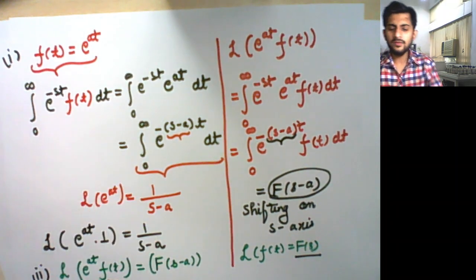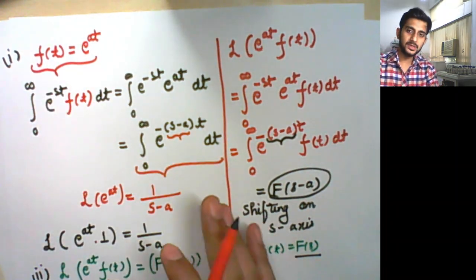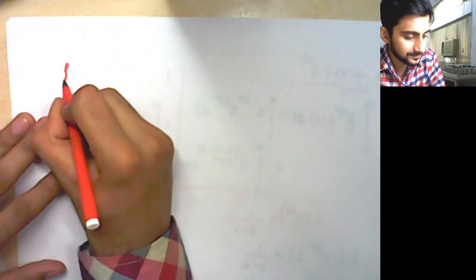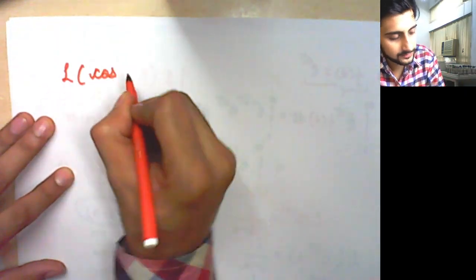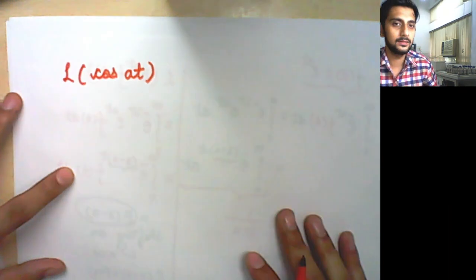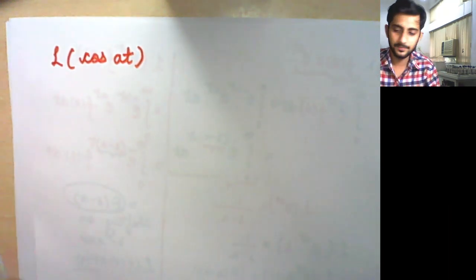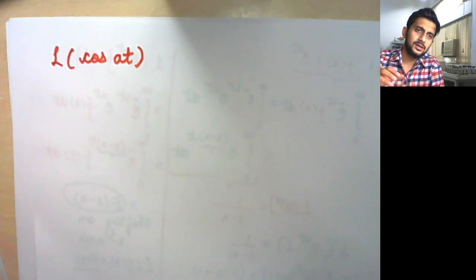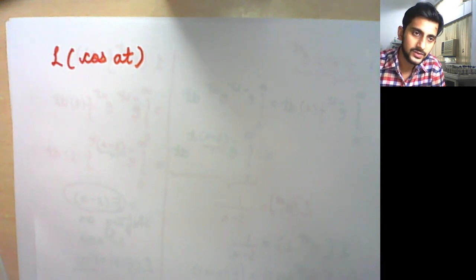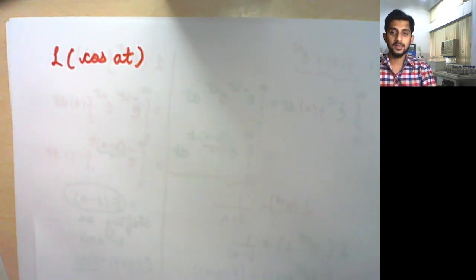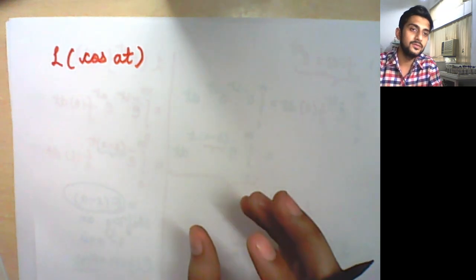Okay. Now we will utilize these concepts in order to calculate the Laplace transform of cos at. Remember that you can write cos and sine functions using Euler's identity in terms of exponential functions.